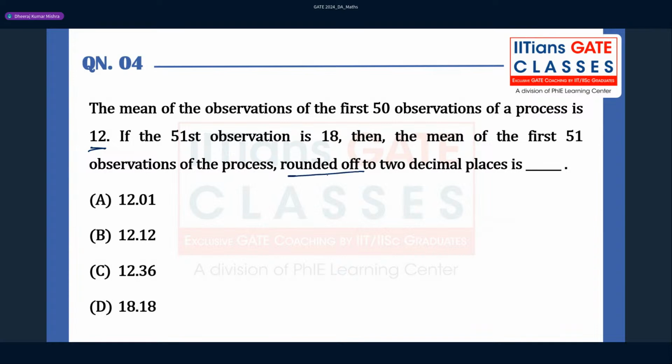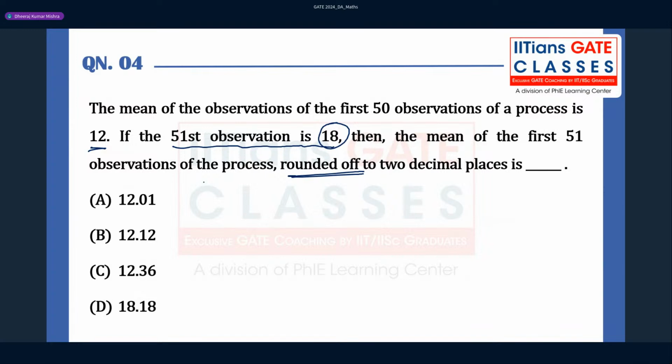One more extra observation has been added, so the mean has changed. This is very important to keep in mind. The answer is to be rounded up to two decimal places.